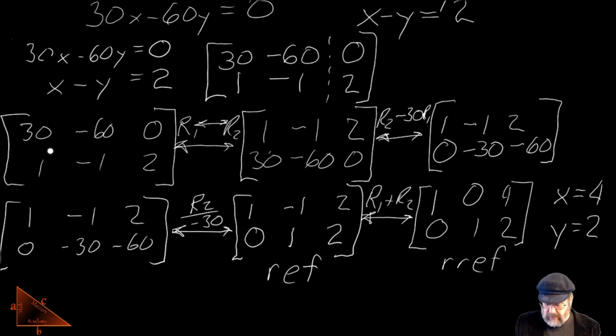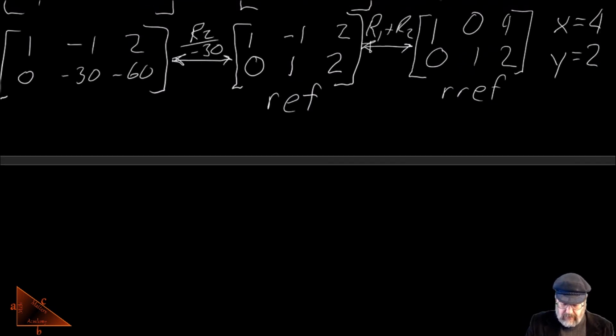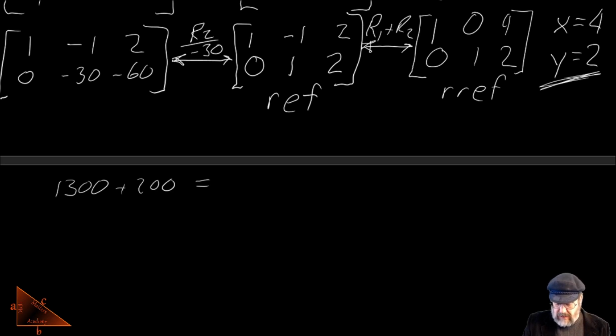So if we go and kind of move this up, if we left at 1300 hours and our time was this 2 right here, so we add 200 to it, then we are going to catch the Da Vinci at 1500 hours.